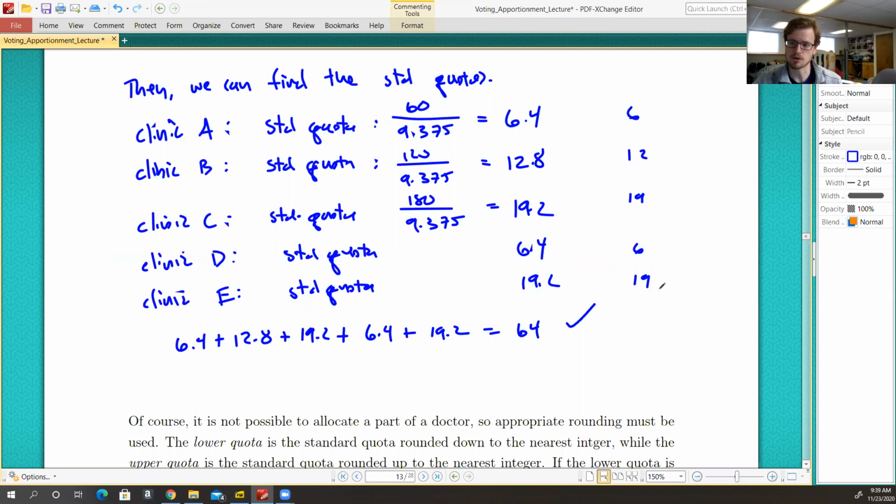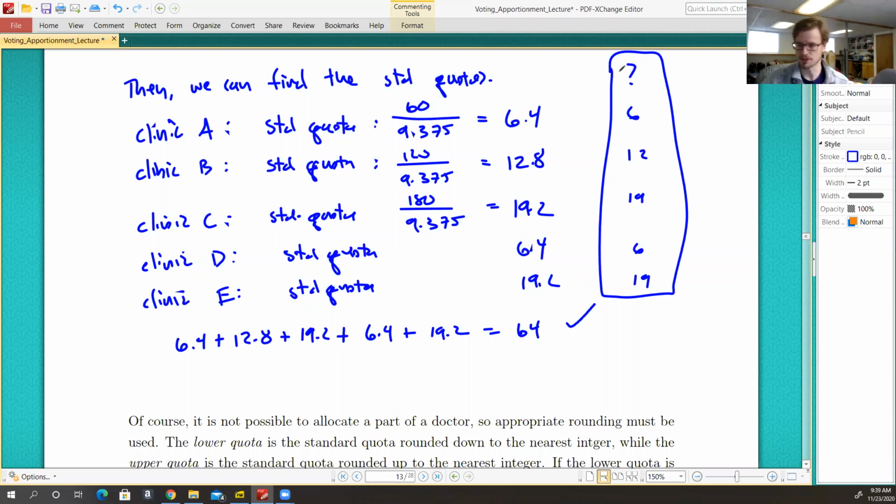So we are 2 doctors short, and they haven't all been distributed. So that's not quite how they should be apportioned either. How do we handle that? This is what the apportionment methods give to us. How do we handle distributing these doctors?